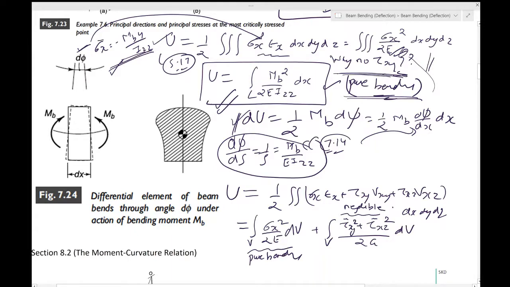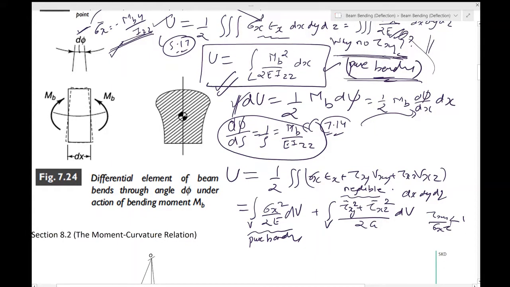If sigma x is an order of magnitude larger than tau xy and tau xz, then since the integral depends on the squares, the ratio being smaller than 1, its square will be much smaller than 1. So you can neglect the contribution. The pure bending formula is then used to represent the total strain energy.